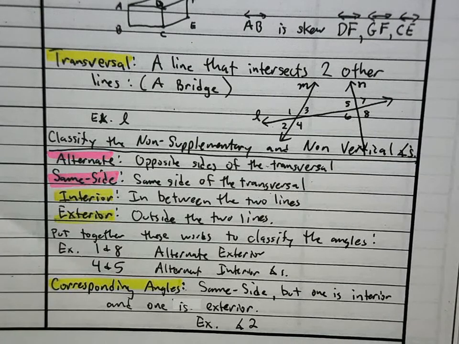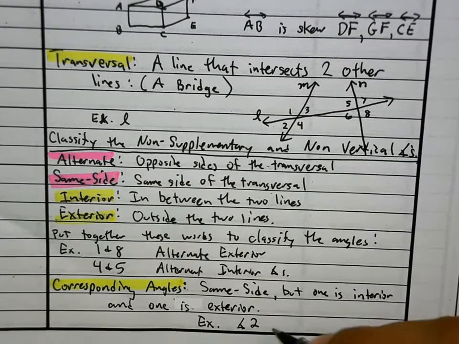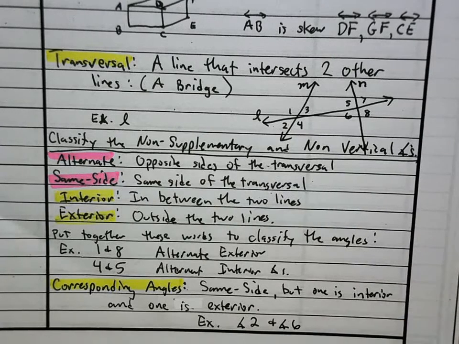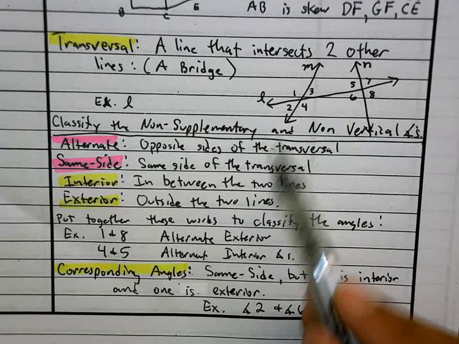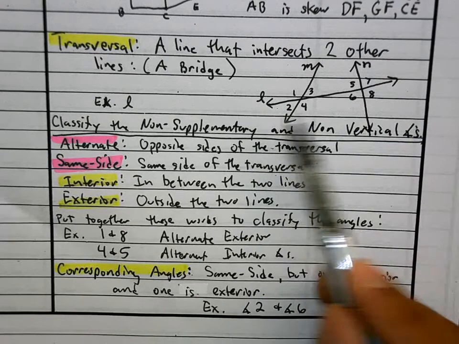So the corresponding one is on the same side, has to be interior, and can't be next to it. Which one is it? Angle 6. 2 and 6 are corresponding angles.